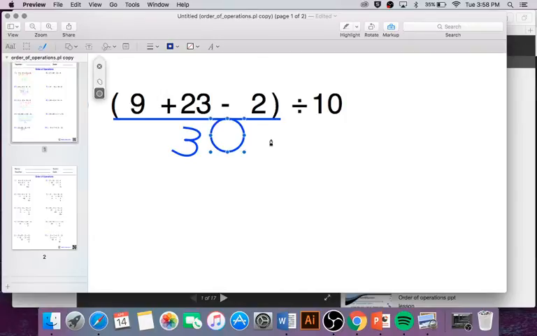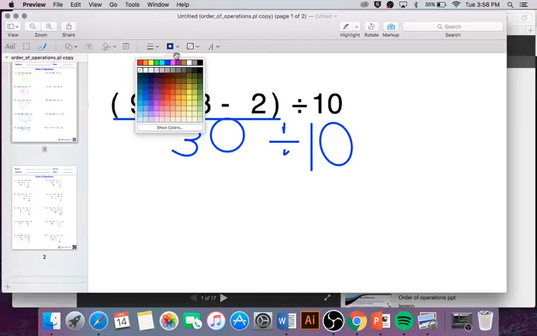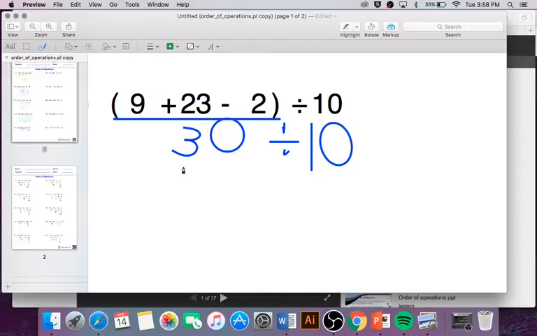And we're going to bring down the rest of our problem of divided by 10. So now we're left with 30 divided by 10, which is 3.